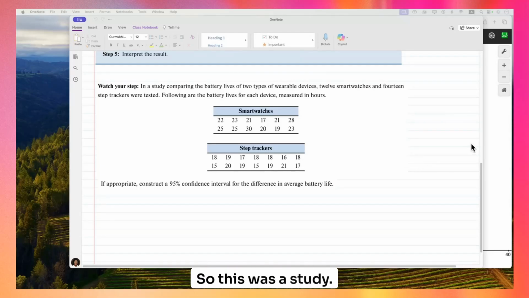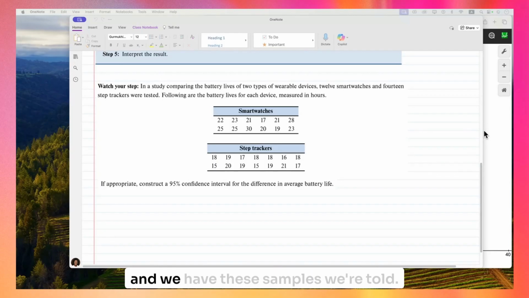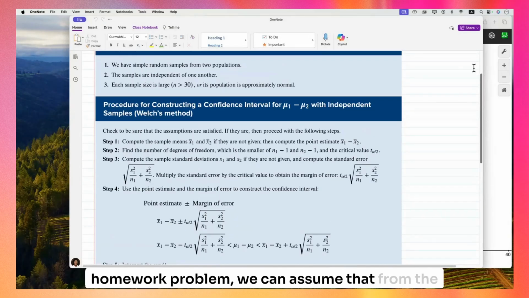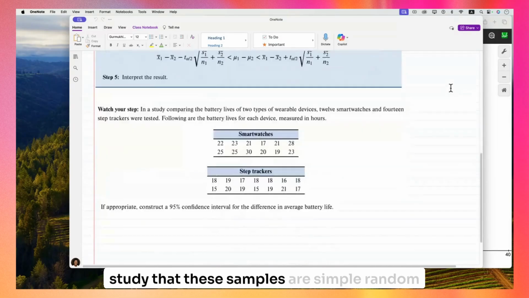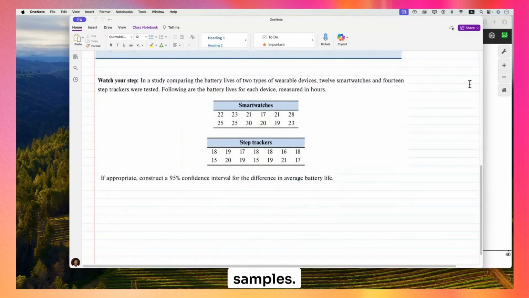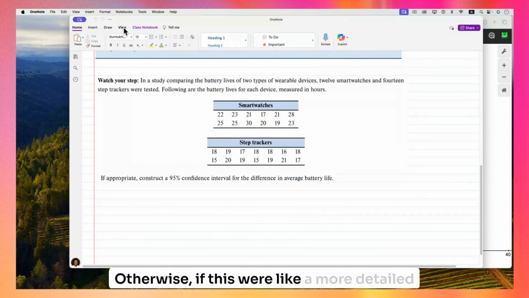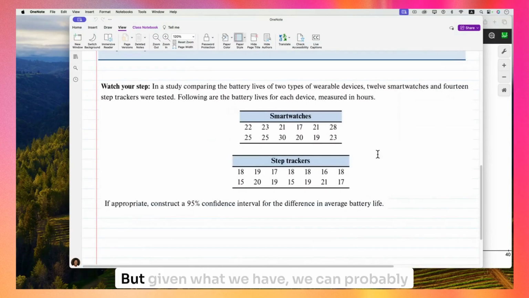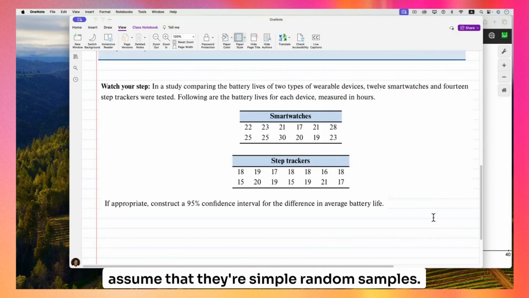So this was a study, and we have these samples. Given that this is maybe like a homework problem, we can assume that the samples are simple random samples. Otherwise, if this were a more detailed problem, we might want to investigate further.